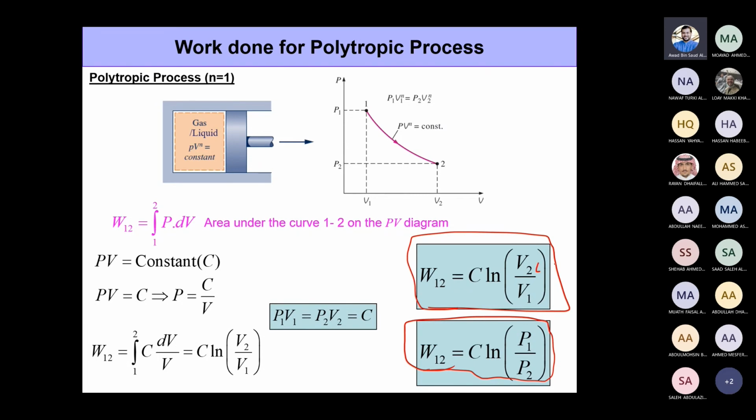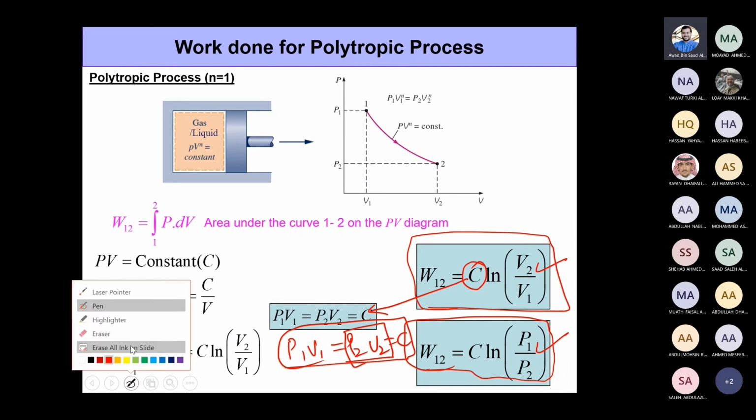If you have volume, you use this. If you have pressure, you use this. The key point is the constant C. Constant C is going to be equal to the product of pressure times volume. Okay, so either P1 V1 or P2 V2, which are both equal, can be replaced with the constant. The product of pressure times volume is going to be equal to the constant. Okay, so that's an important thing to remember.